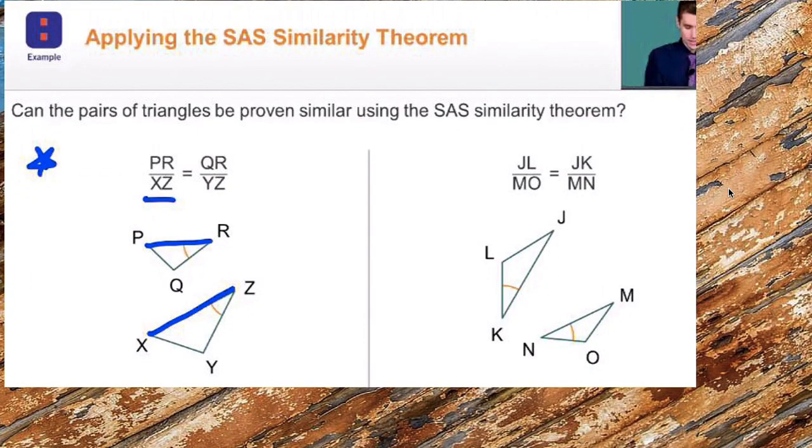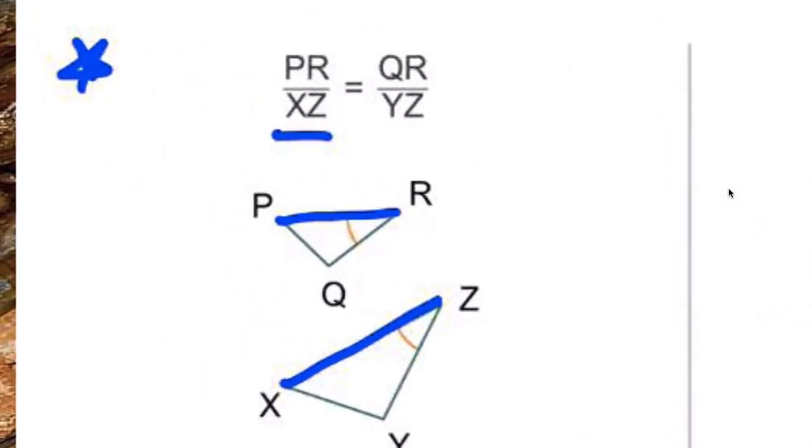The third option for triangle similarity is side angle side. Can the pairs of triangles be proven similar using the side angle side similarity theorem? So we're going to look at a couple of questions here. They have told us this information, think of this as like a given, as well as being given these 2 angles.